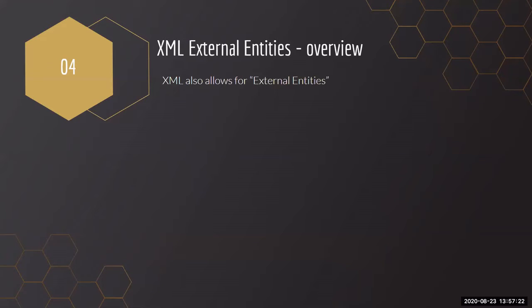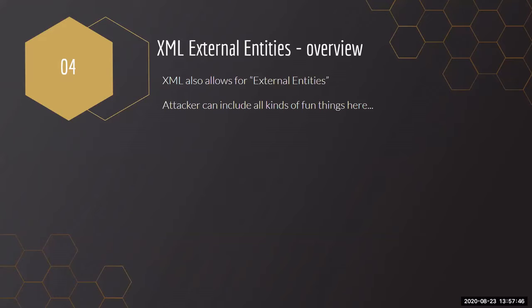XML also allows for something pretty dangerous called external entities. And I had no idea what these were before just about a year ago, but basically they're tags in an XML document that you can use to include external files into that document.